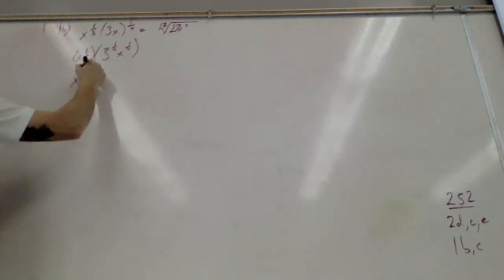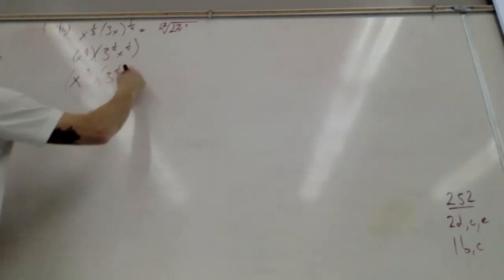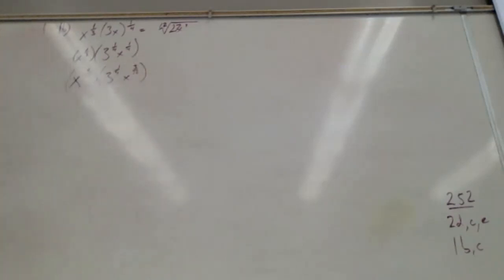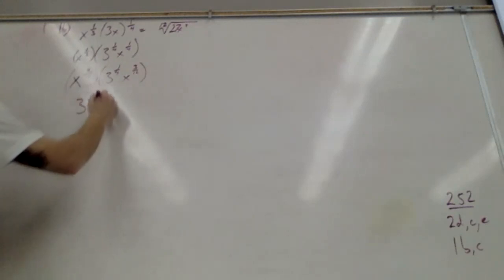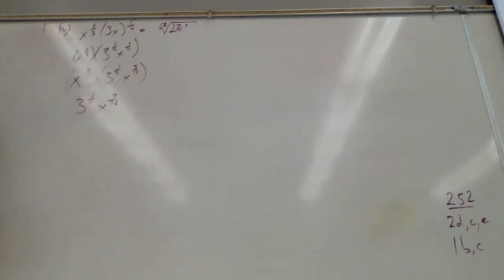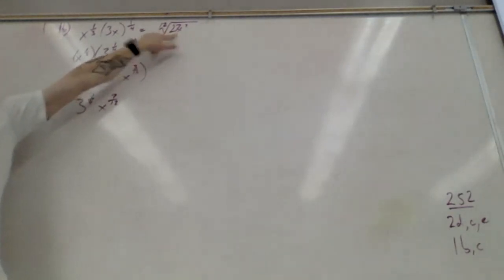So x to the 4 over 12 times 3 to the fourth, and x to the 3 over 12. Does that make sense? I need the common denominator. So it's going to be 3 to the quarter, x to the 7/12. So x to the 7/12, we're done with the x, right? Because right here, that's x to the 7/12.